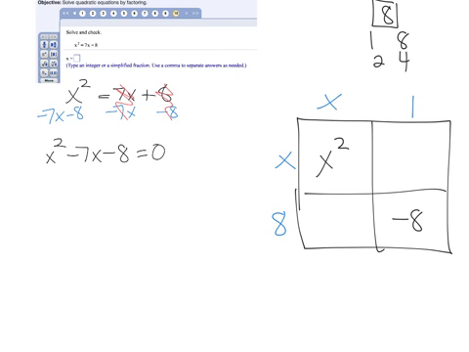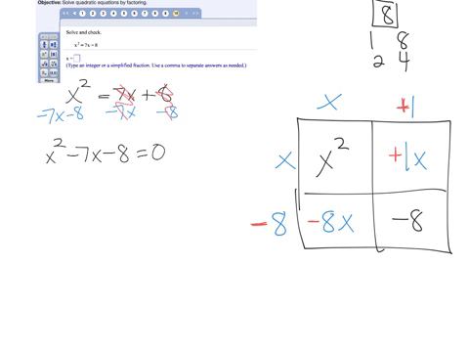That's a guess. And now we're going to fill in our internal terms. So we get 1x and 8x. And we know that we want these two to combine to equal negative 7. So that means the negative 8x and positive 1x is what we need, which makes this a negative 8 and this a positive 1.